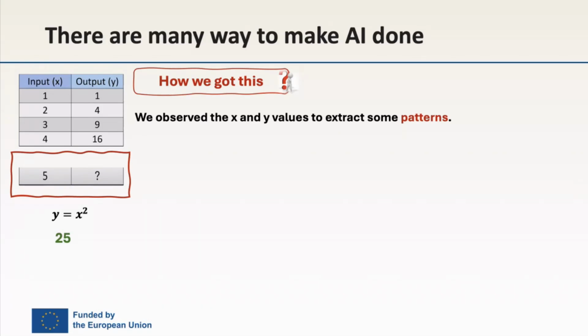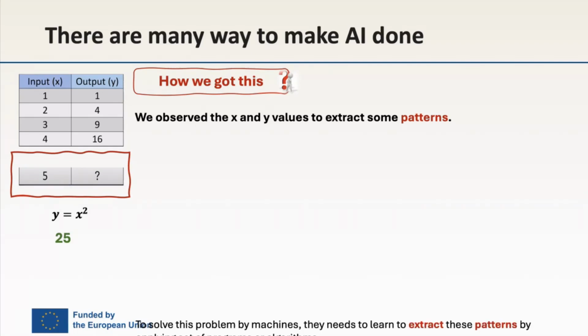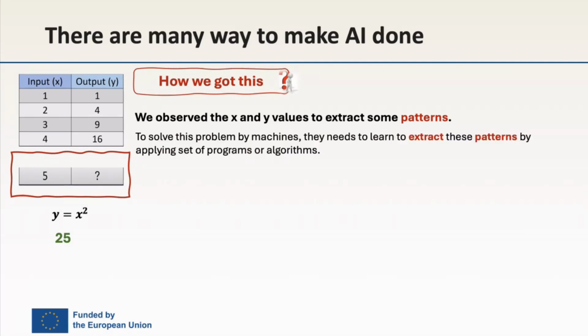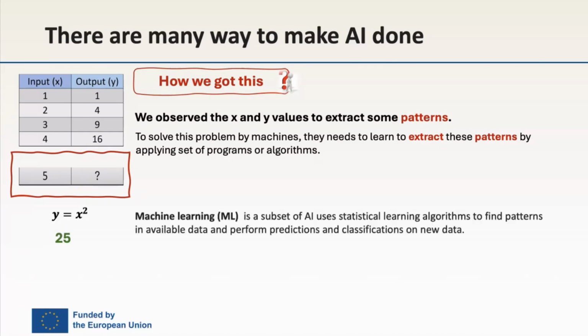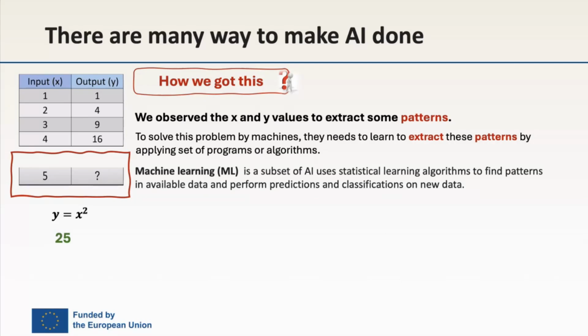So how can machine learning solve the same problem? Machine learning needs to learn an algorithm or program to extract this pattern. Machine learning actually follows a statistical learning algorithm to solve this problem.